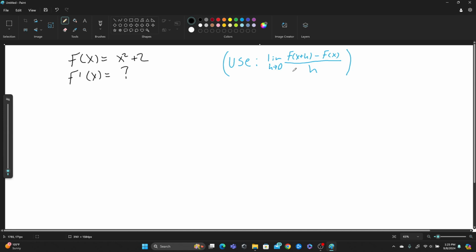Essentially, this is f of x, and whatever number x is equal to, we would put here, right? So if we had, let's say, f of 4, where would we put that 4? We would put the 4 in place of the x, so we'd have 4 squared plus 2, right?